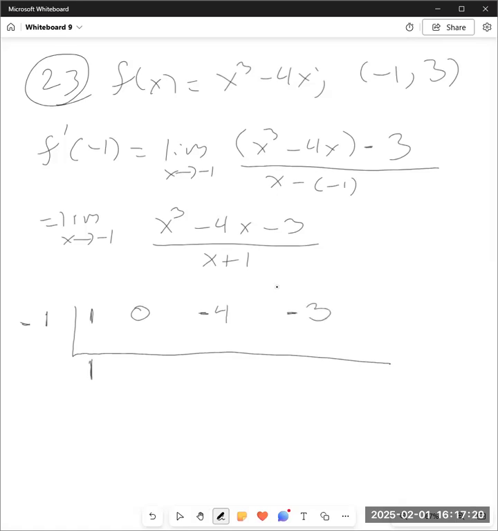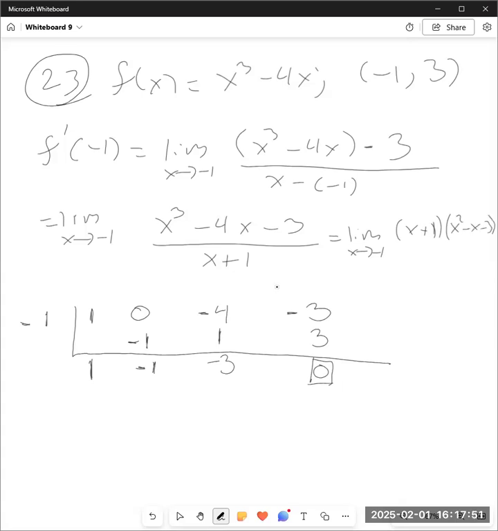Bring down that 1. 1 times -1 is -1. And then -1 times -1 is a +1. And then -1 times -3 is a +3. So that leaves me with the limit as x approaches -1 of x plus 1 times x squared minus x minus 3.